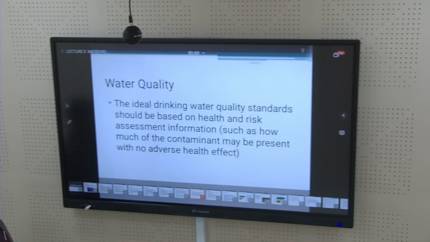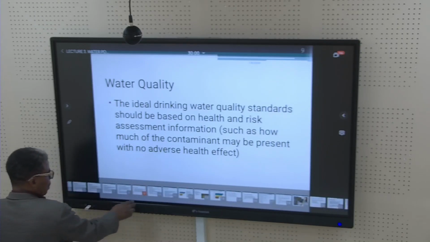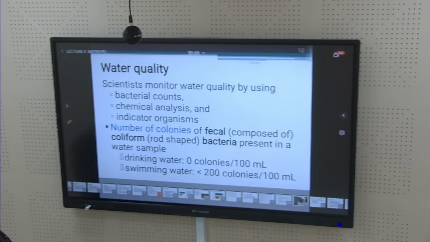So let's see the water quality. The ideal drinking water quality standard should be based on the health and risk assessment information, such as how much of the contaminant may be present with no adverse health effect. Scientists monitor water quality by using bacteria counts, chemical analysis, and indicator organisms.